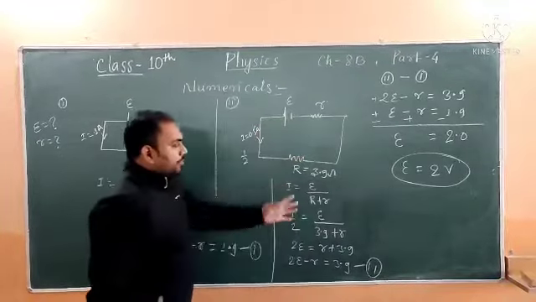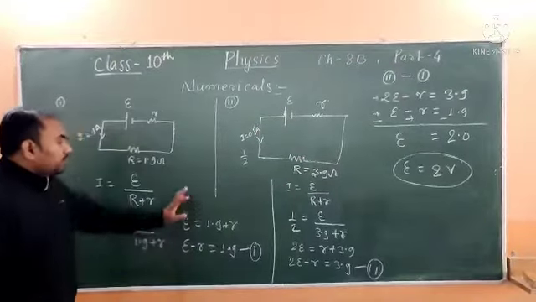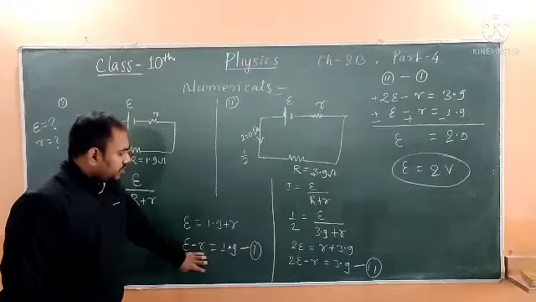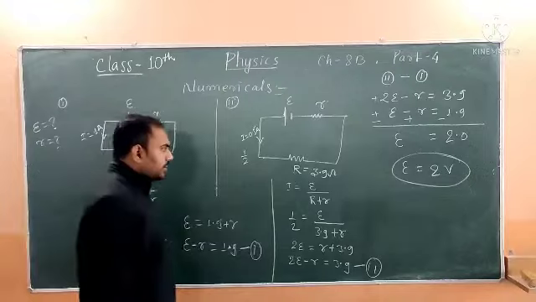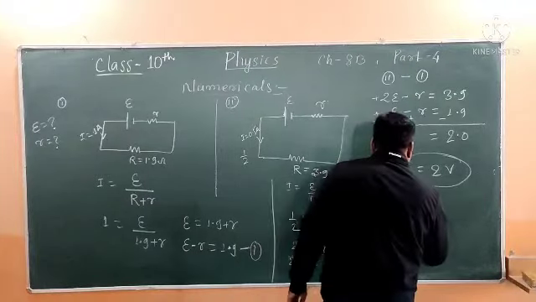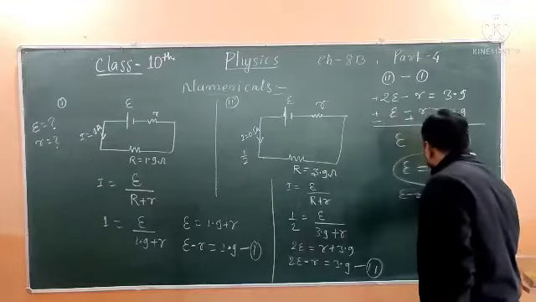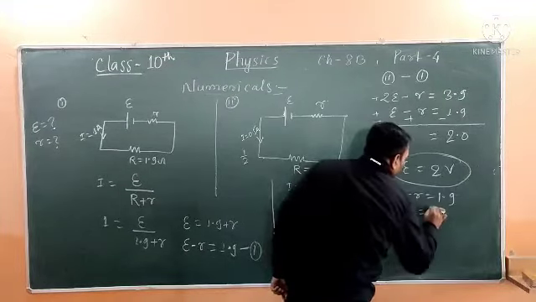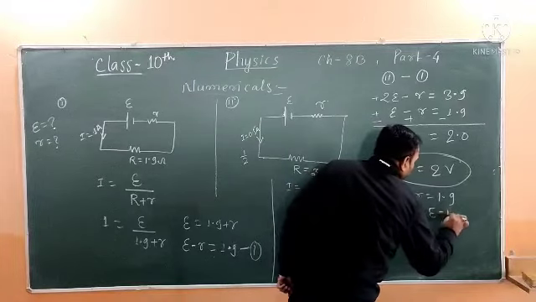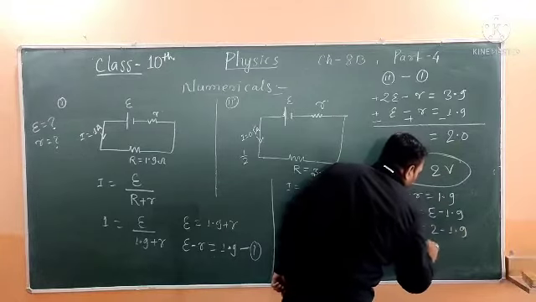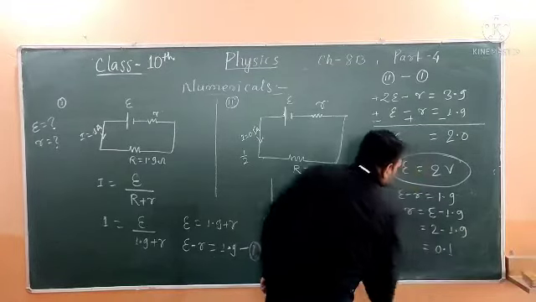Okay, if you get epsilon, meaning EMF, definitely by putting it in the first equation we will get r. Since epsilon minus r is equal to 1.9, r is equal to epsilon minus 1.9. 2 minus 1.9, that is 0.1.